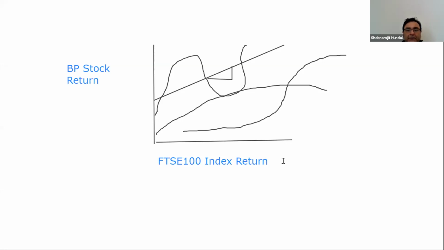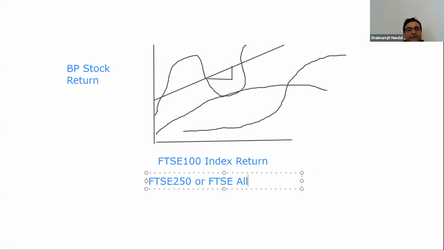But what if I change my index to FTSE 250, the top 250 companies listed in the LSE, or FTSE All, all companies listed in the LSE?